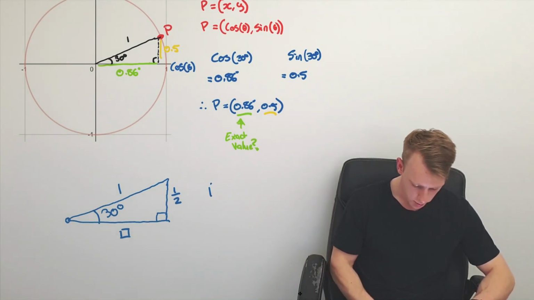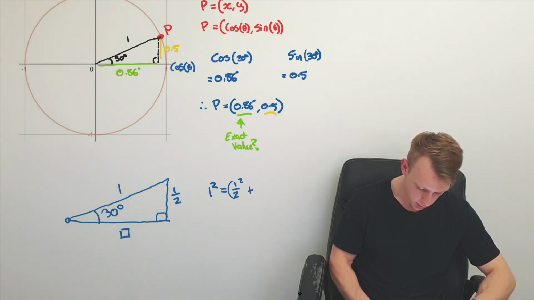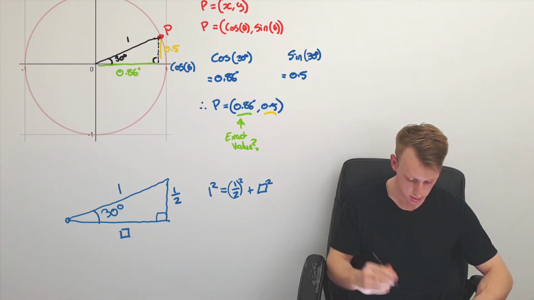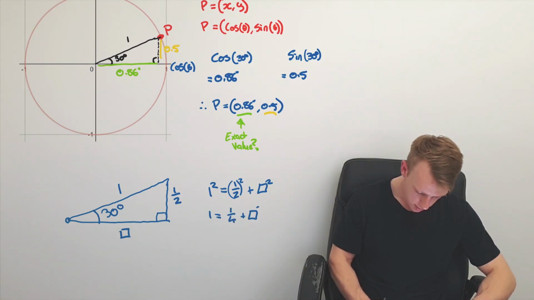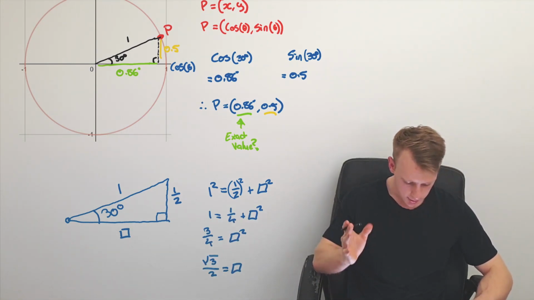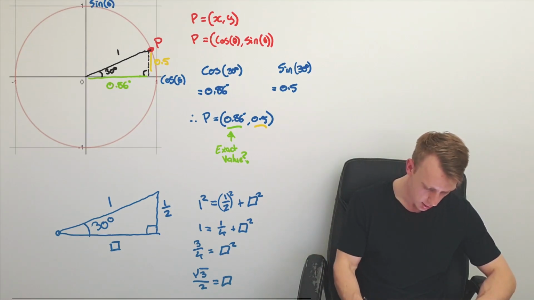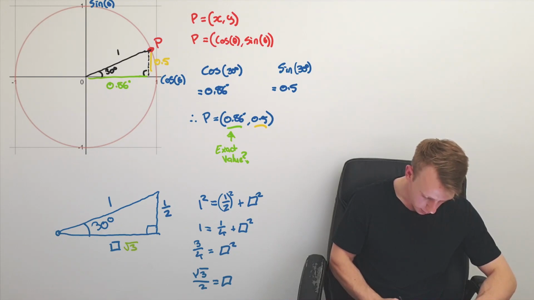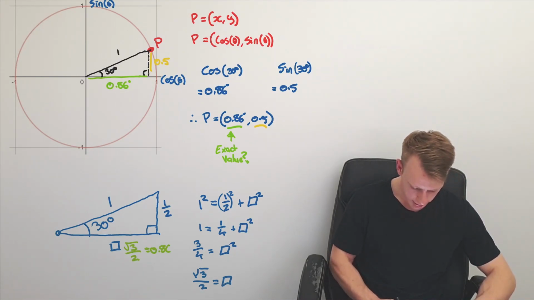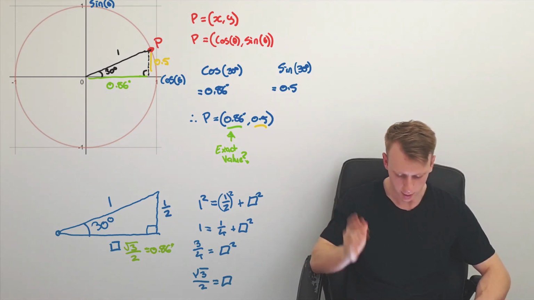So I would say that 1 squared is equal to a half squared plus, I'll use brackets there, something squared, and I would just simplify this one. So that means exactly this value here is going to be root 3 on 2. And you can double check this in your calculator, root 3 on 2 is actually 0.86 recurring.